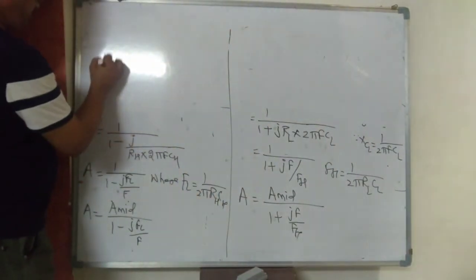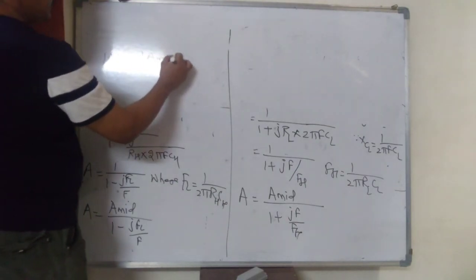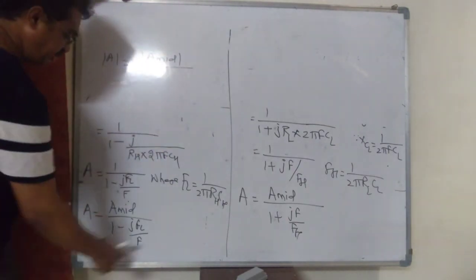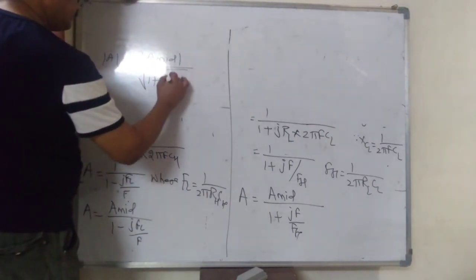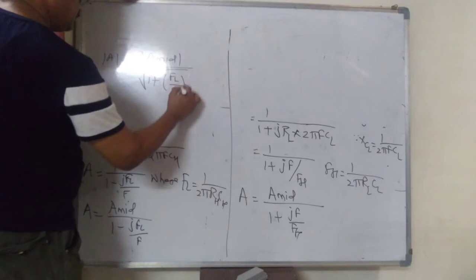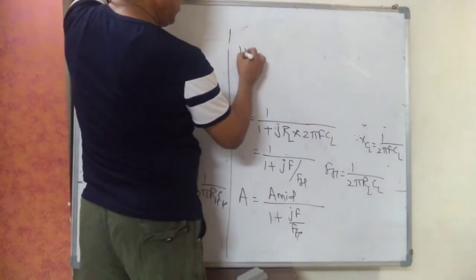So A is equal to, I am taking the magnitude. Magnitude of A, magnitude of this, magnitude of the denominator on the right hand side.